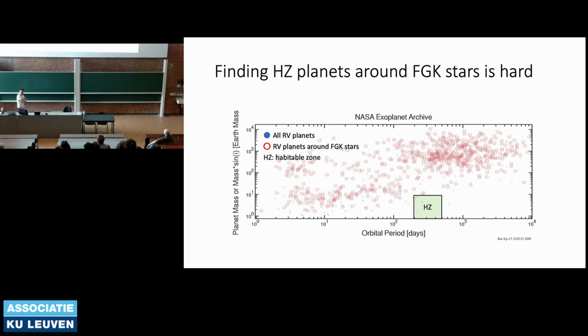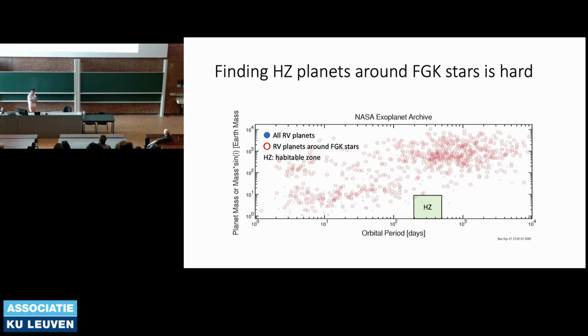So I'll go back to this plot, but what I show here is, again, there are two populations, right? All planets detected by radial velocity, and the red is the planets around FGK stars, the solar-type stars. I also mark the habitable zone in this box defined by the black line here.